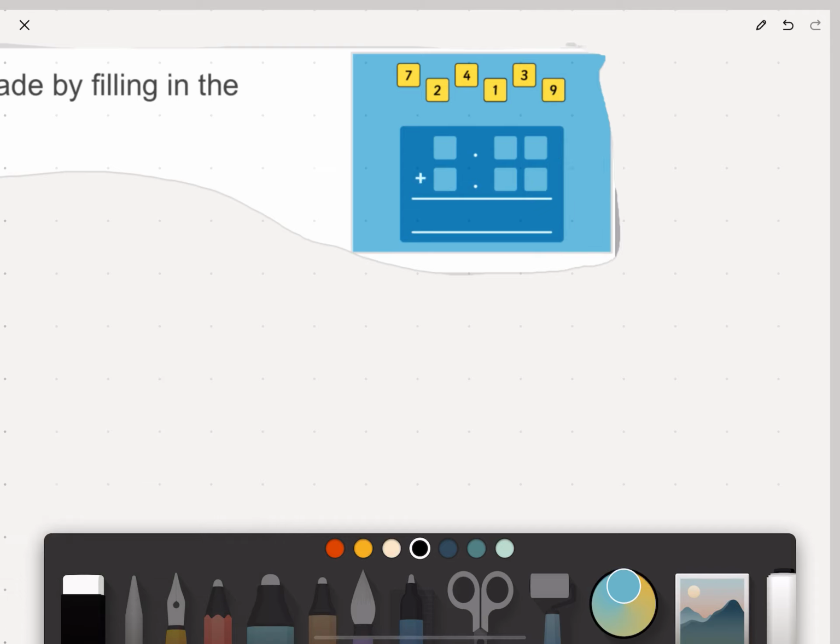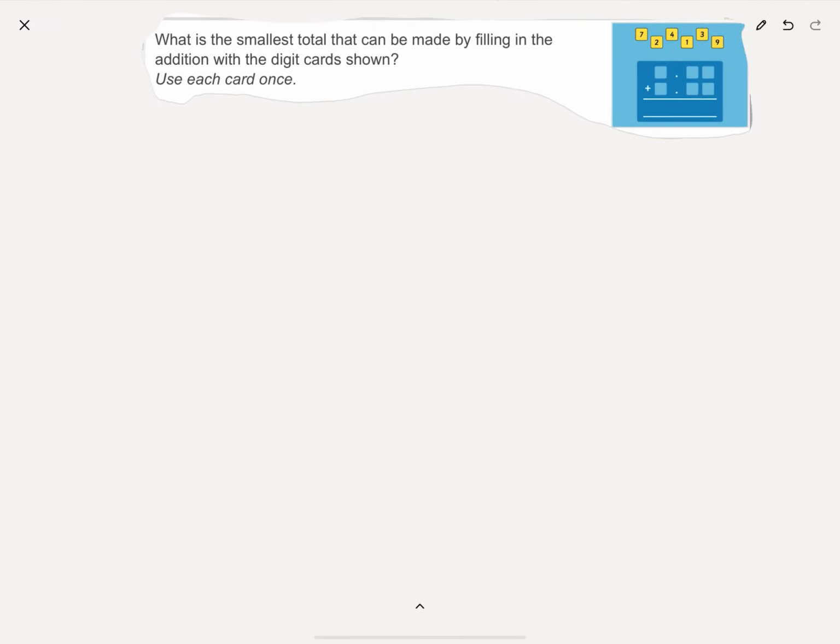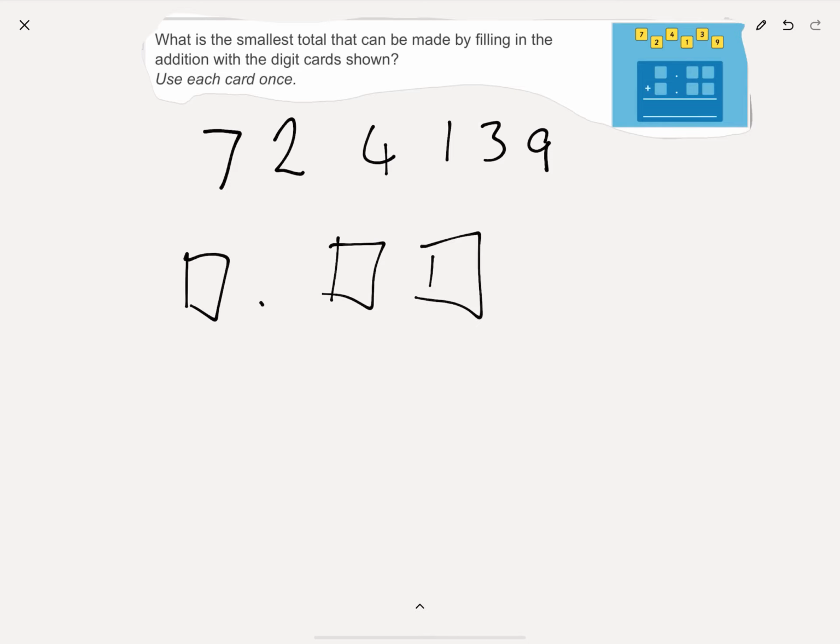So we need to put the smallest digits. I'm just going to write it out myself. 7, 2, 4, 1, 3, 9. And then you've got box, dot, box, box, add, box, dot, box, box. Okay, so I need to use my smallest 2 digits here. So I'm going to do 1 and 2.